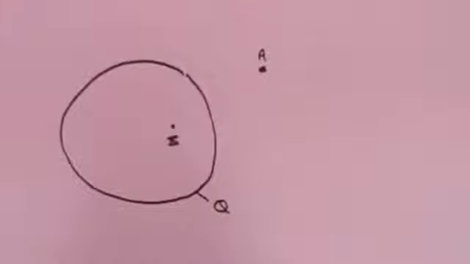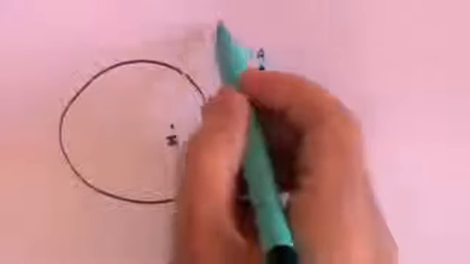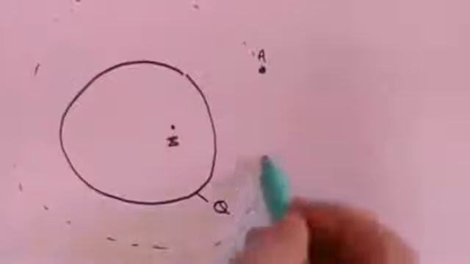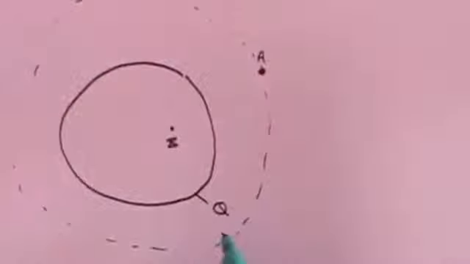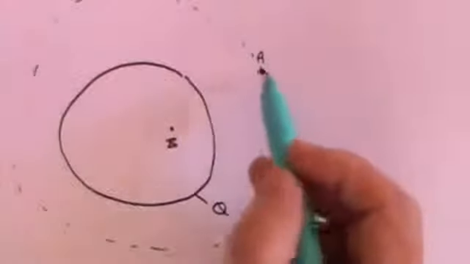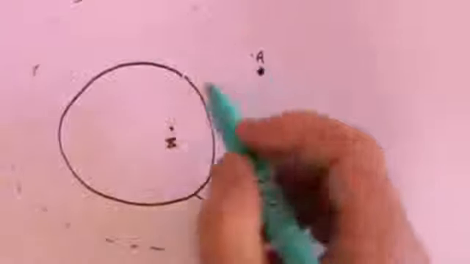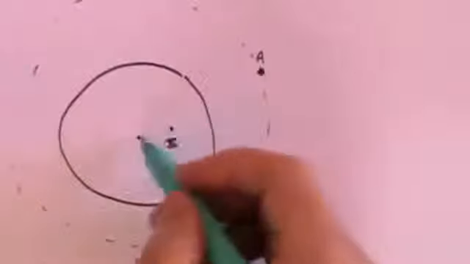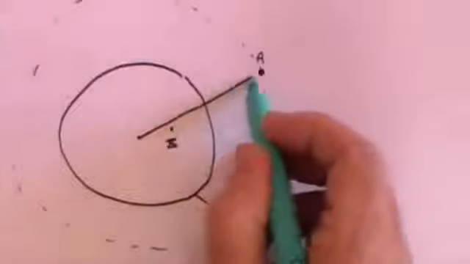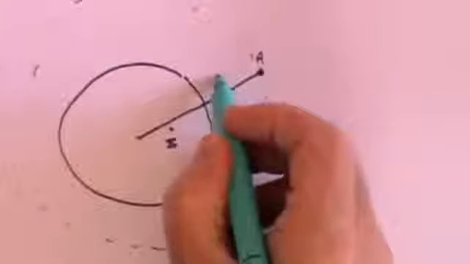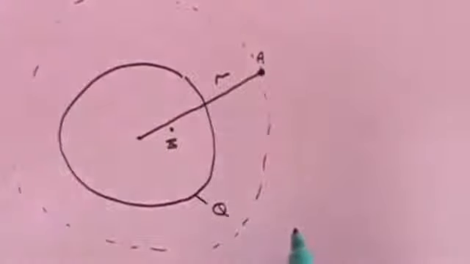Well, Gauss's law tells us that I can construct a sphere. This is the imaginary sphere, or if you like, the plastic sphere, around the charge, in such a way that A, the point that we are interested in, is on that sphere. And the total distance from the centre of the sphere is, let's say, R. Now, what does Gauss's law tell us?